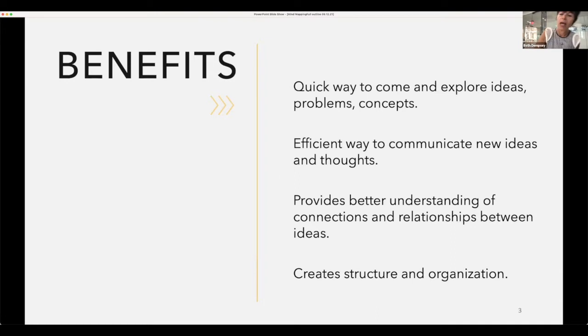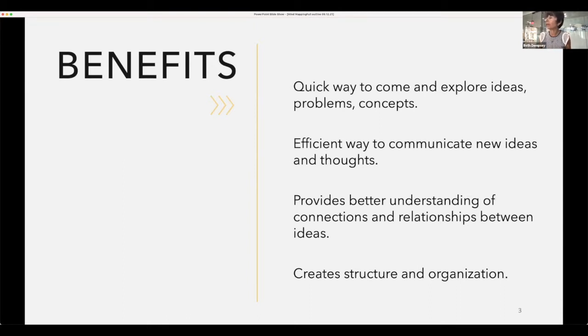So it's a quick way to come up with different ideas, to help problem solve. And I have found that it's definitely a much more efficient way to communicate new ideas, because when you have a group of people together, you'll come up with an idea, it'll be the first idea, and then you've moved on and you'll start exploring that.